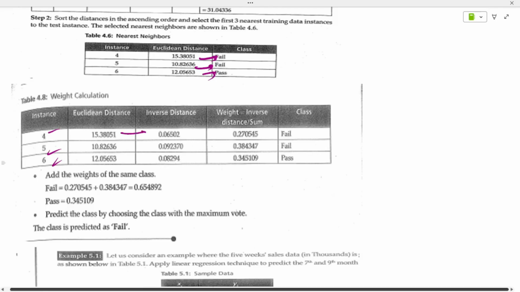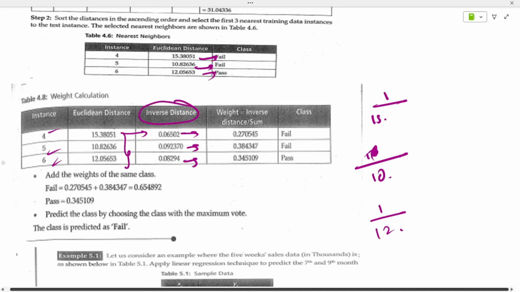Again you will be applying the Euclidean distance, and you will be reversing it. That means 1 divided by 15, 1 divided by 10 point, 1 divided by 12 point. You will be getting the inverse distances, and you divide each inverse distance by the sum of them. Next you get fail, fail, pass.